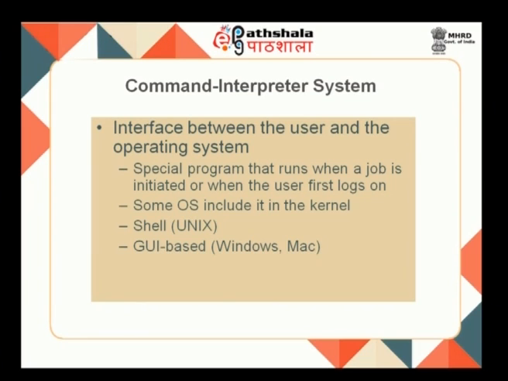For example, in UNIX it is the shell, which is invoked whenever the user first logs into the system. The user can give commands to the shell, and the shell in turn interacts with the operating system and executes those commands. Or it can be the GUI that we have in Windows or Mac kind of systems.